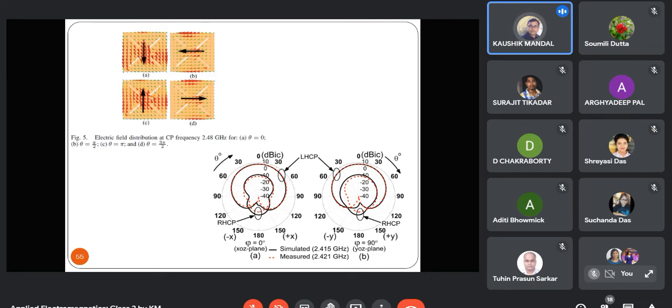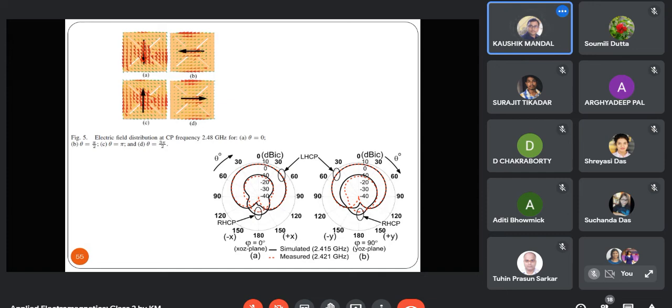So if you observe this electric field vector plot, considering that we are the observer, that is, we are checking that the wave is propagating away from us, most of the electric field vectors are downwards.